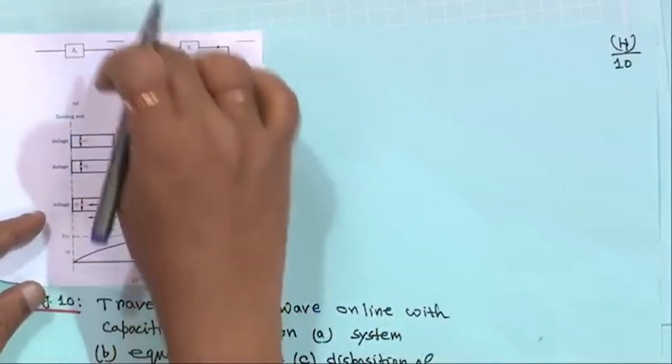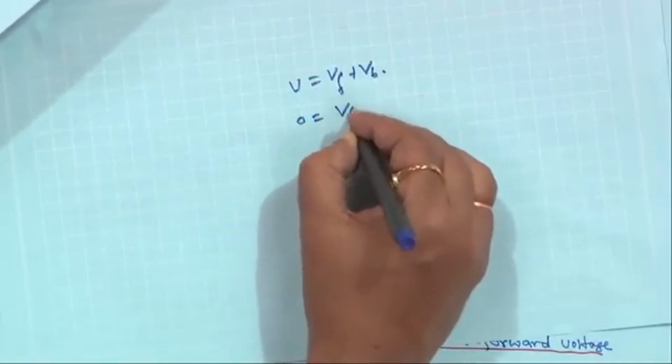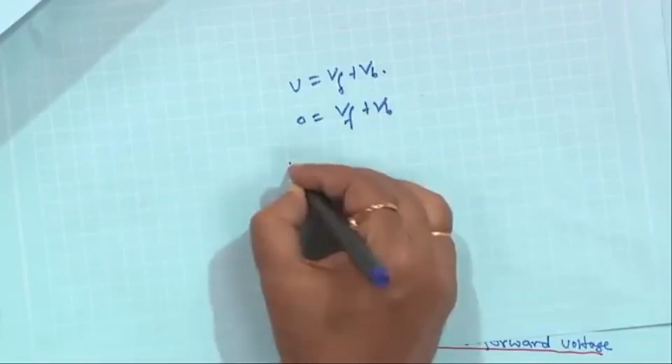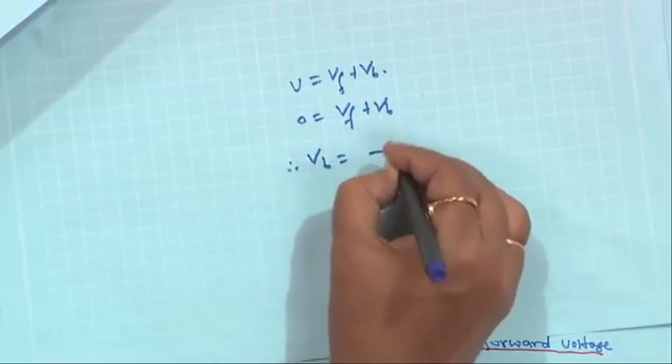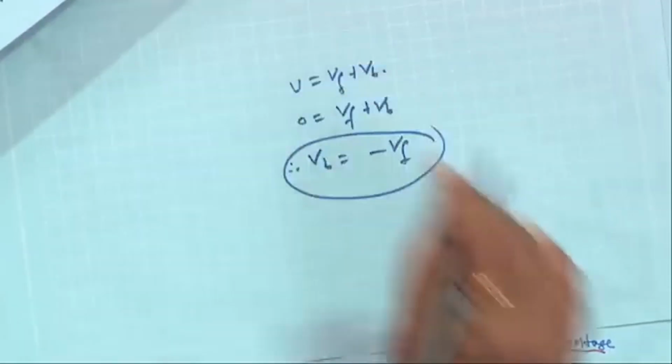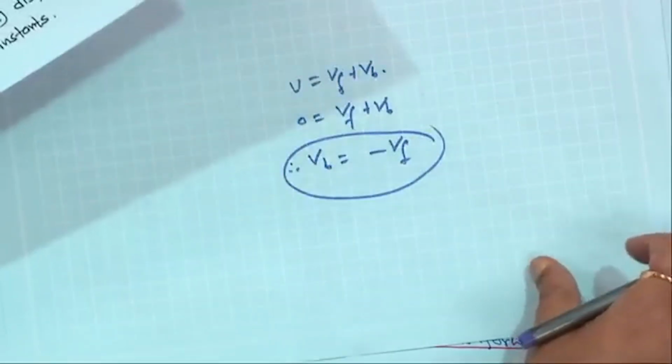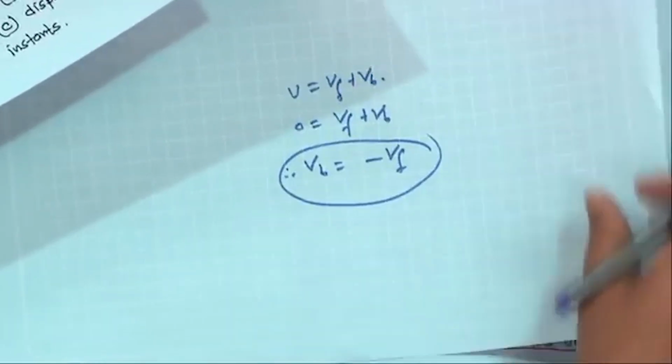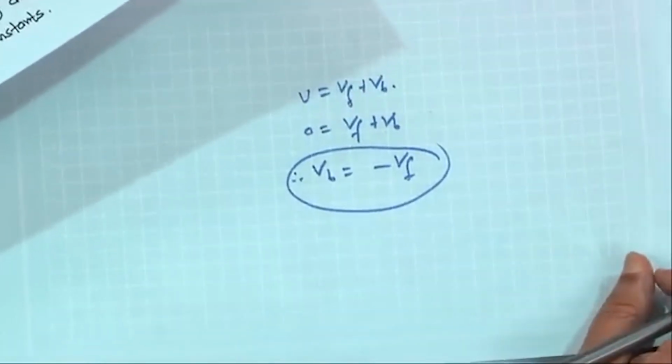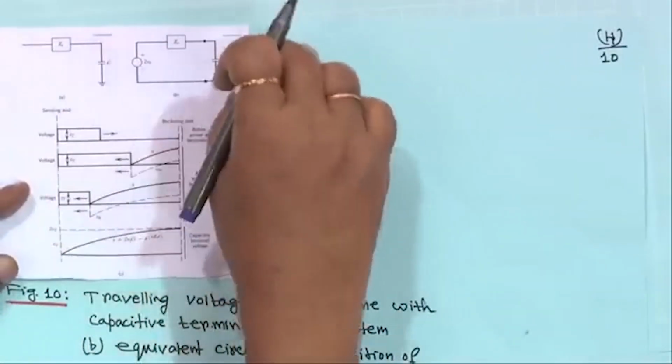So, momentarily this voltage will be 0. If it is 0, then 0 is equal to V A plus V B, that means V B is equal to minus V F at that moment, right. But after that the capacitor will slowly charge, and when it reaches the steady state, it will behave as an open circuit.